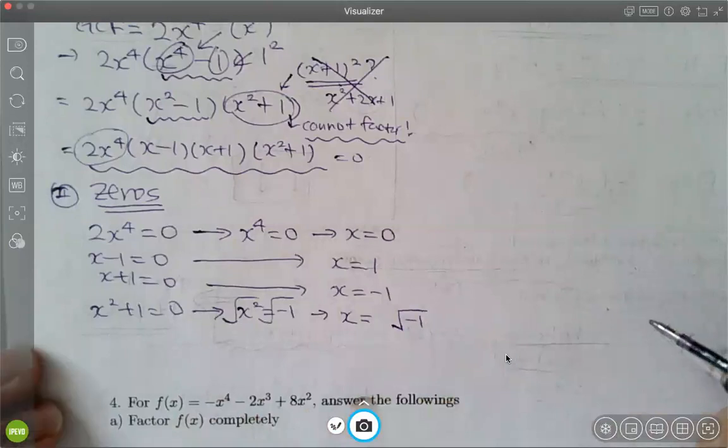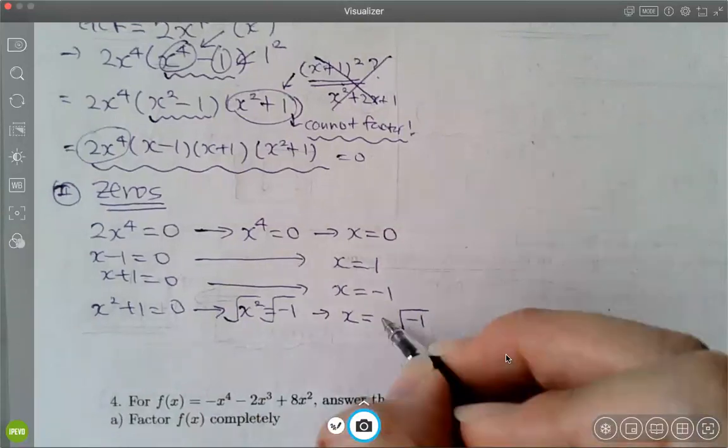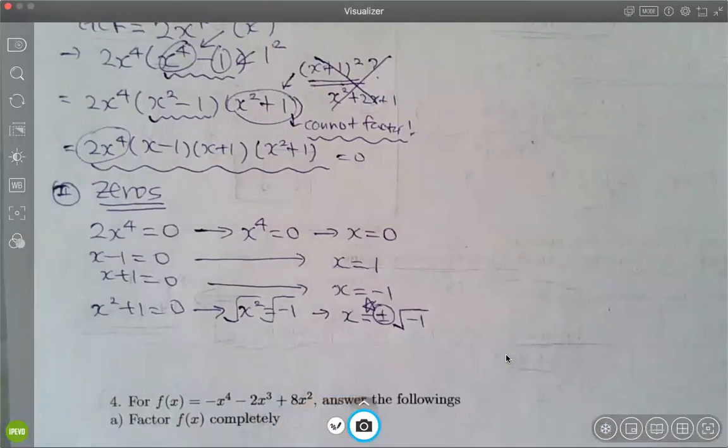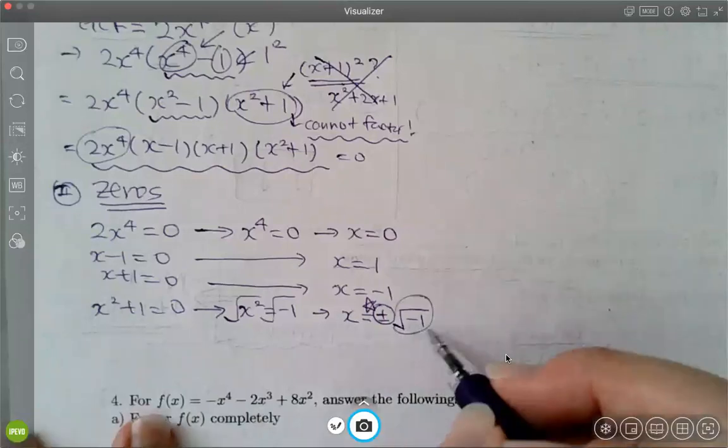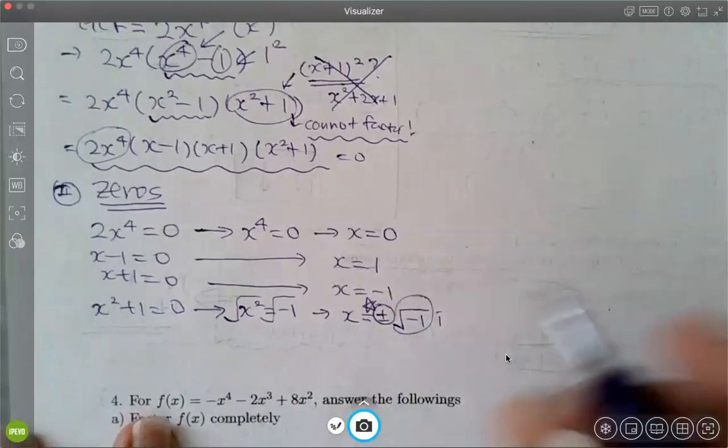And then if you thought that was it, not really, right? Don't forget the plus minus whenever you're taking the square root. And now, square root of -1, what is that? That's an i, right? So we have x is equal to plus minus i.